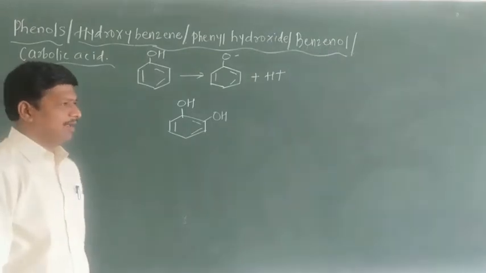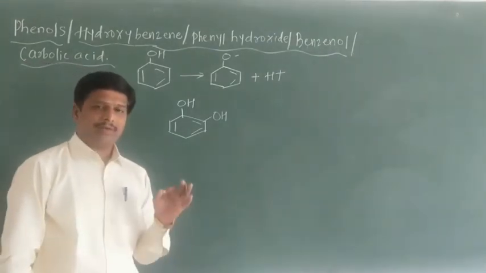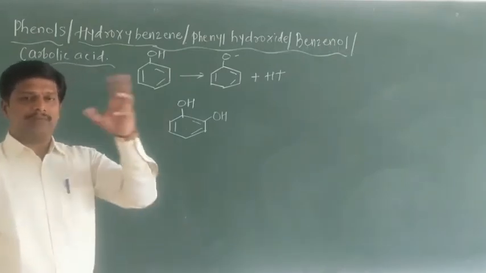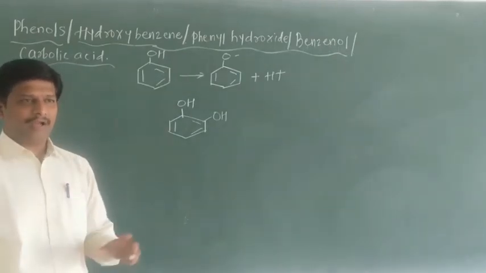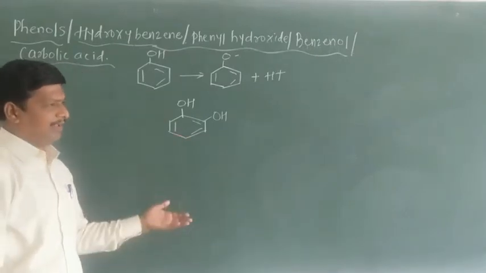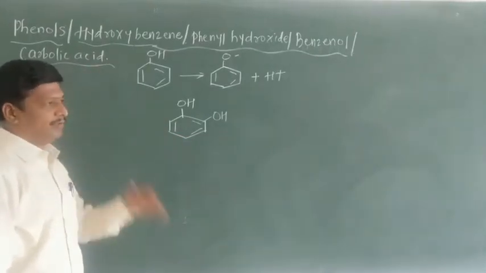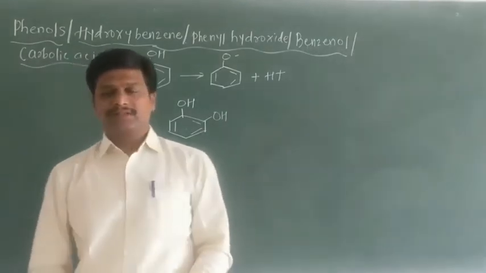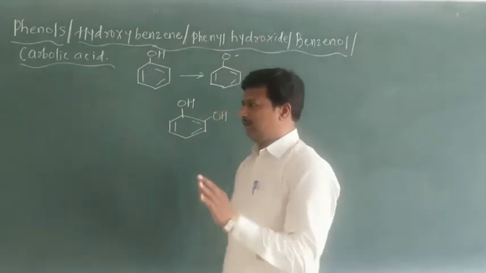In this way we get phenols: by replacing hydrogen atoms from the aromatic ring and keeping the OH groups on that ring, we obtain phenols. So this is one definition of phenols.